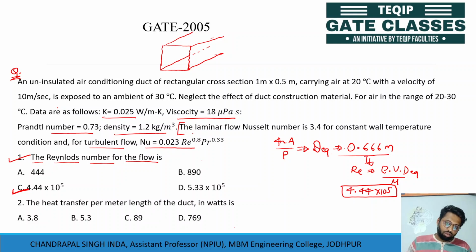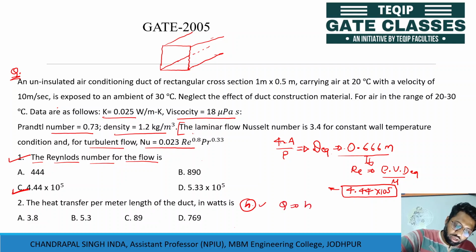First we have to find the convective heat transfer coefficient h, and then we can find Q, as Q is equal to h into area.